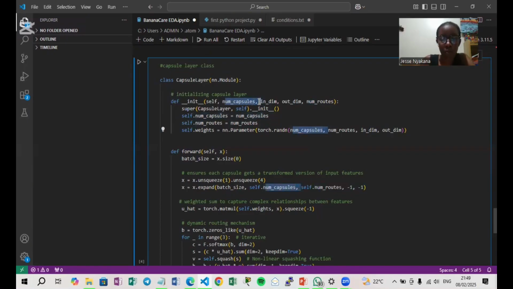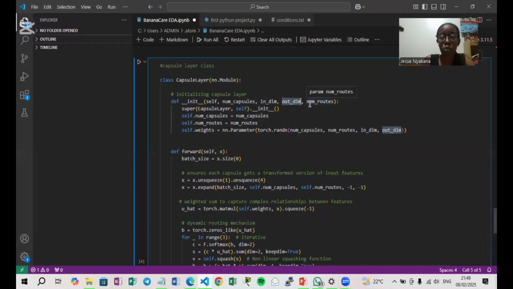In dim is the size of the input feature vector. Out dim is the size of the output capsule vector, and this is for disease feature representation, representing different features of the disease.